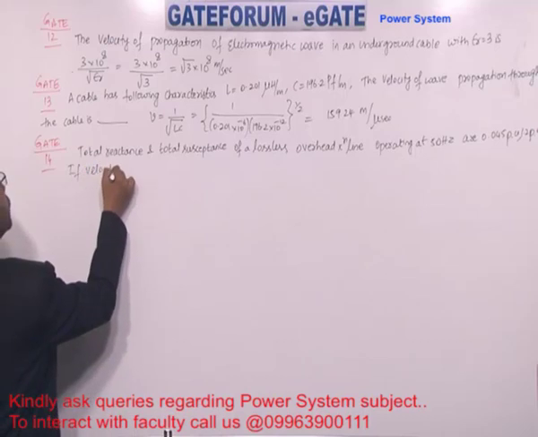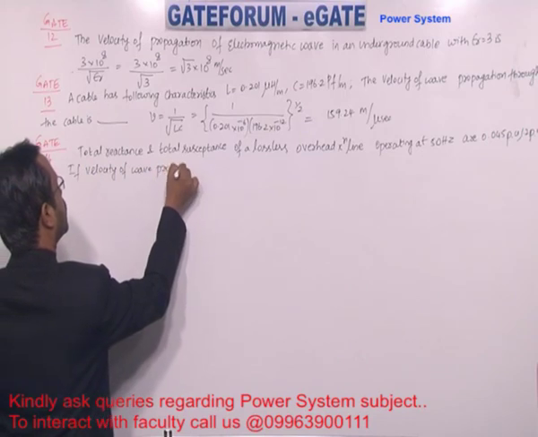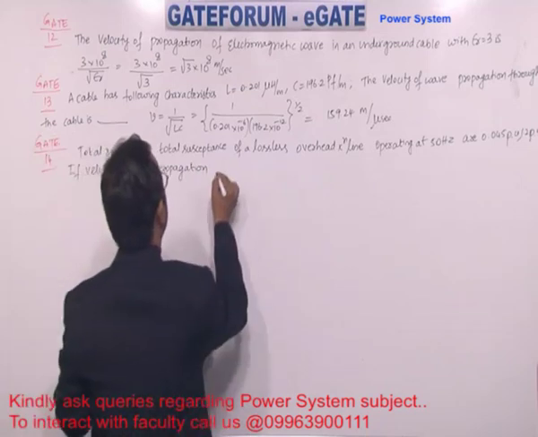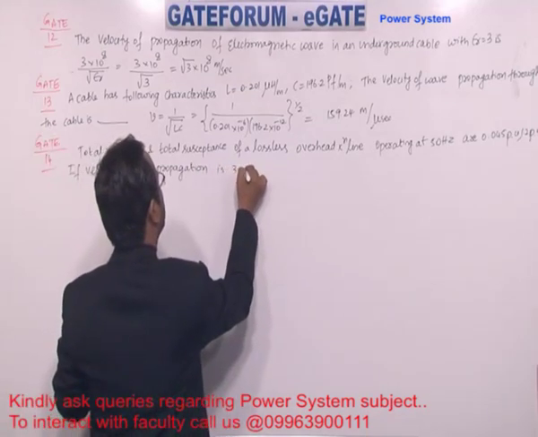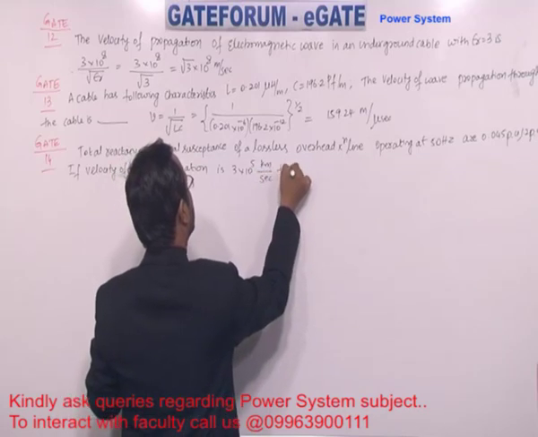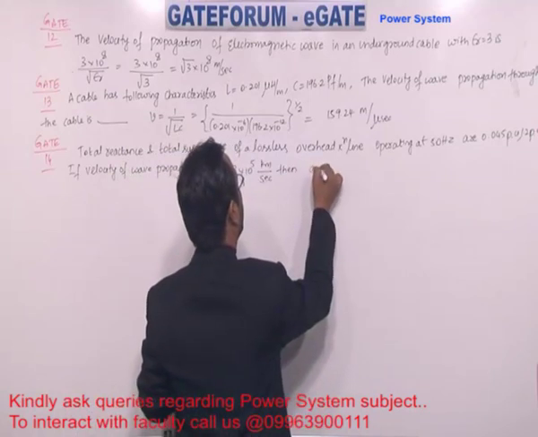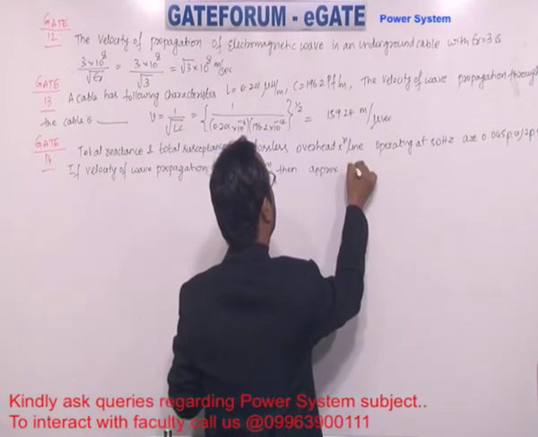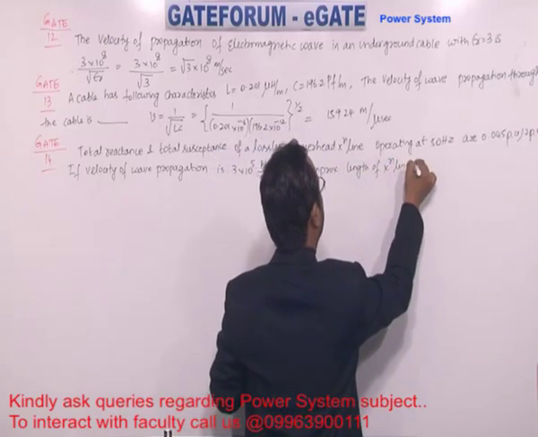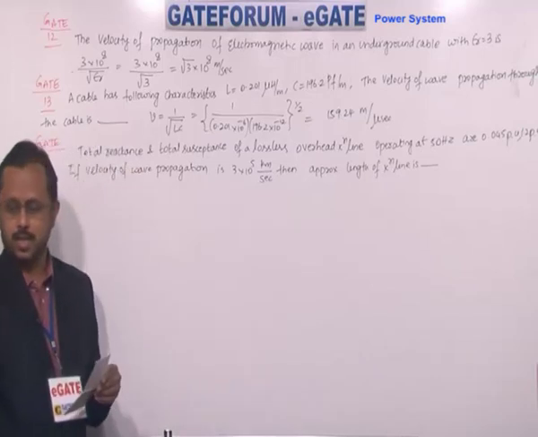If the velocity of wave propagation is 3 into 10 power 5 kilometers per second, then the approximate length of the transmission line is?